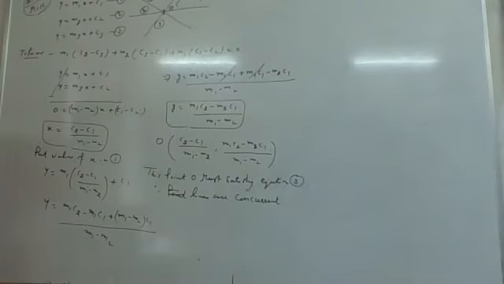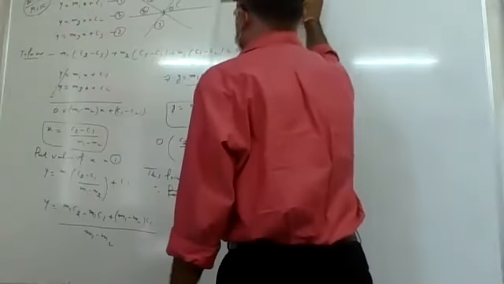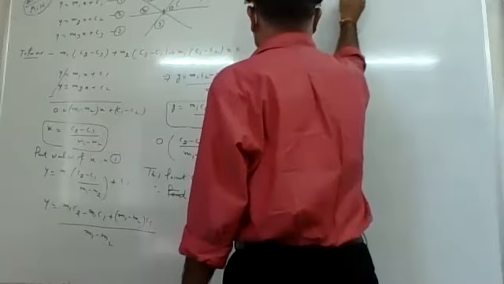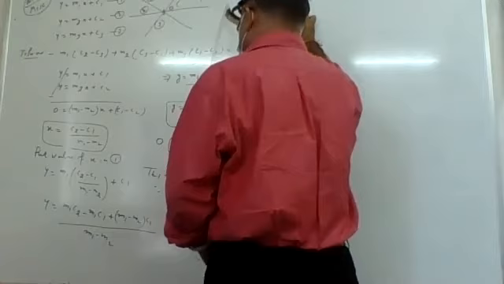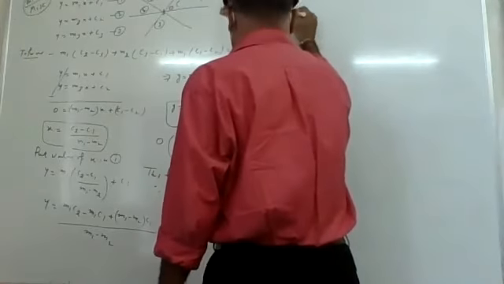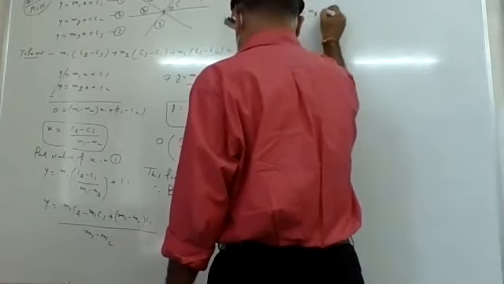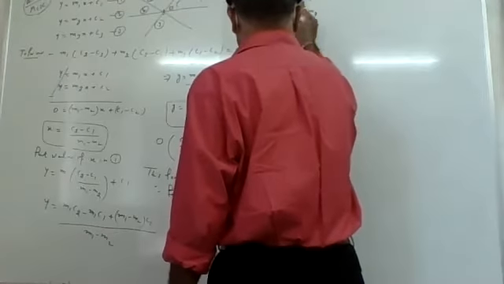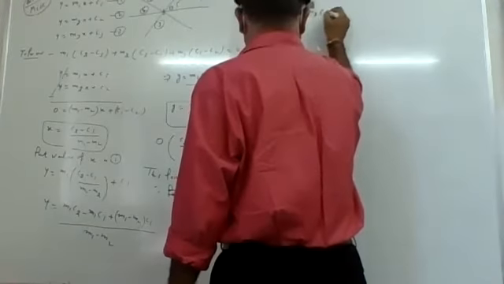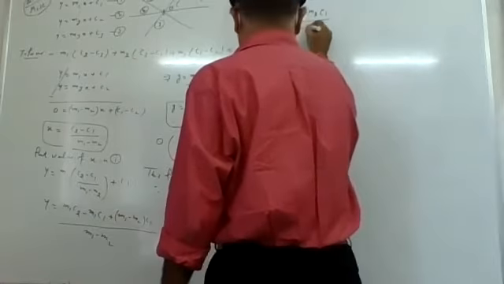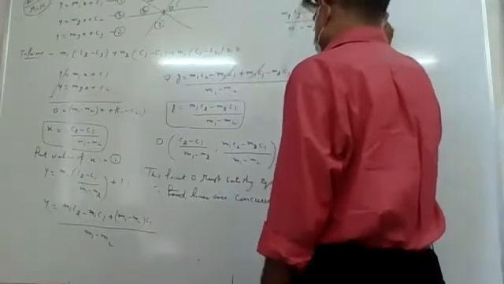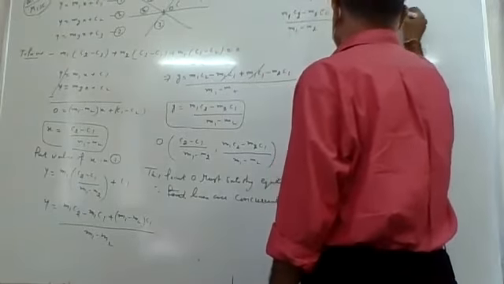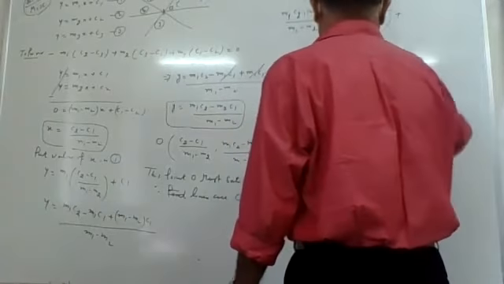So my third equation is y is equal to m3x plus c3. So the value of y, (m1 c2 minus m2 c1) upon (m1 minus m2), is equal to m3 times x, which is (c2 minus c1) upon (m1 minus m2), plus c3.